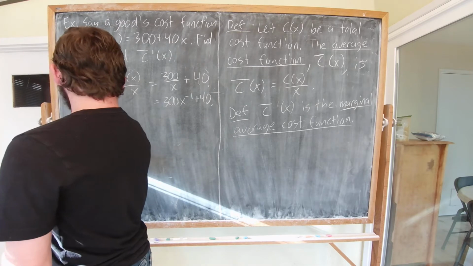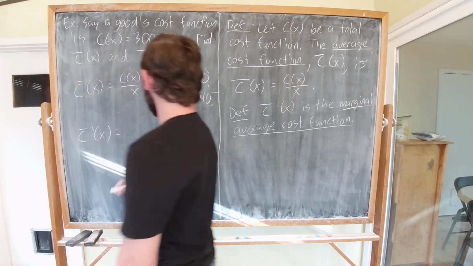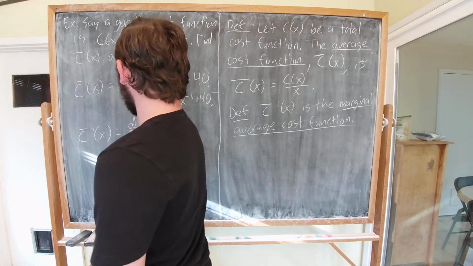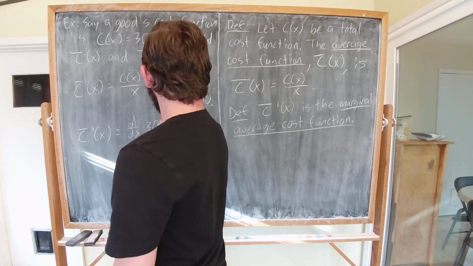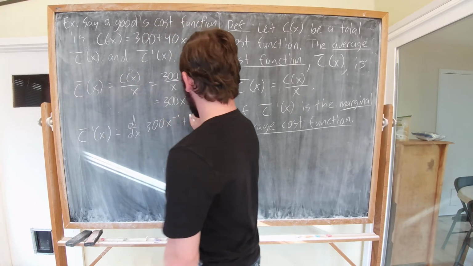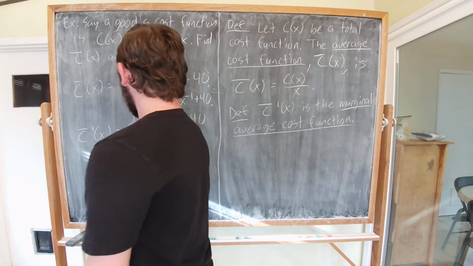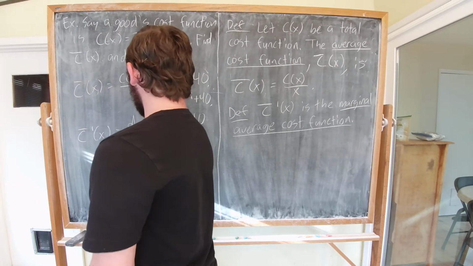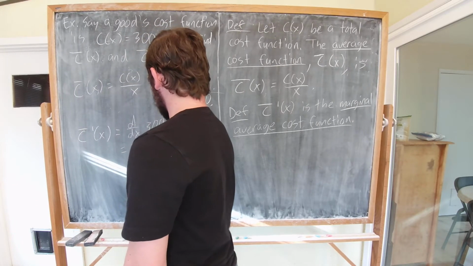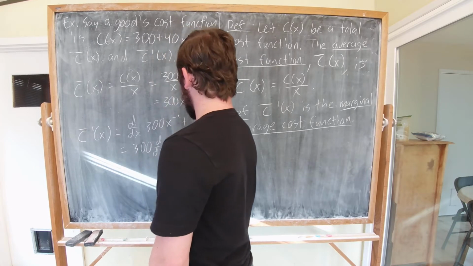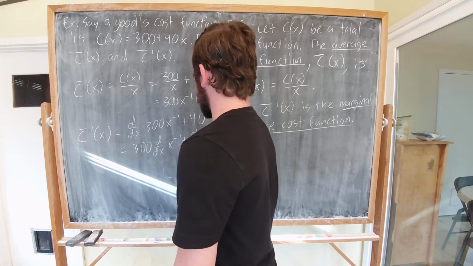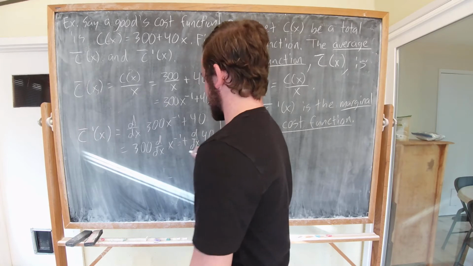C bar prime of x should equal d/dx of 300 x to the negative first plus 40, which is 300 d/dx x to the negative first plus d/dx 40.